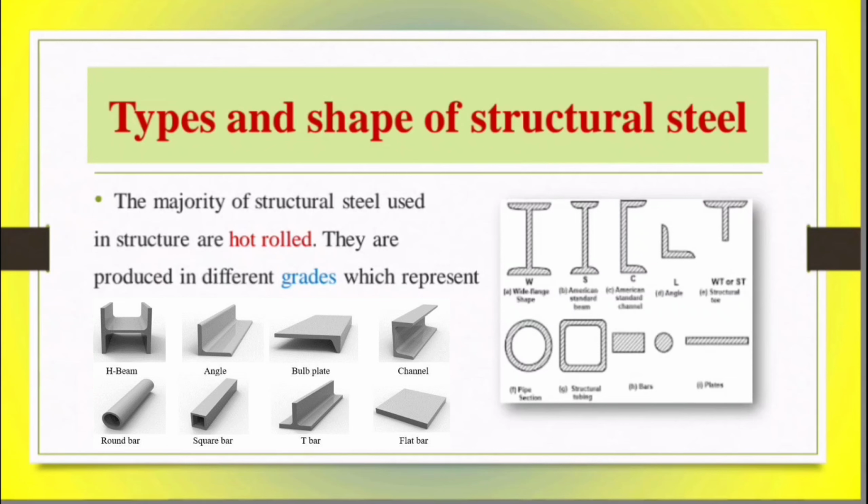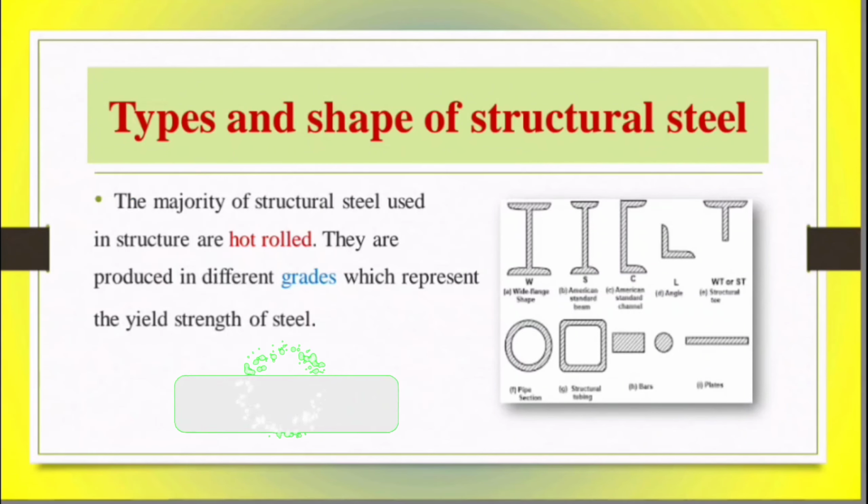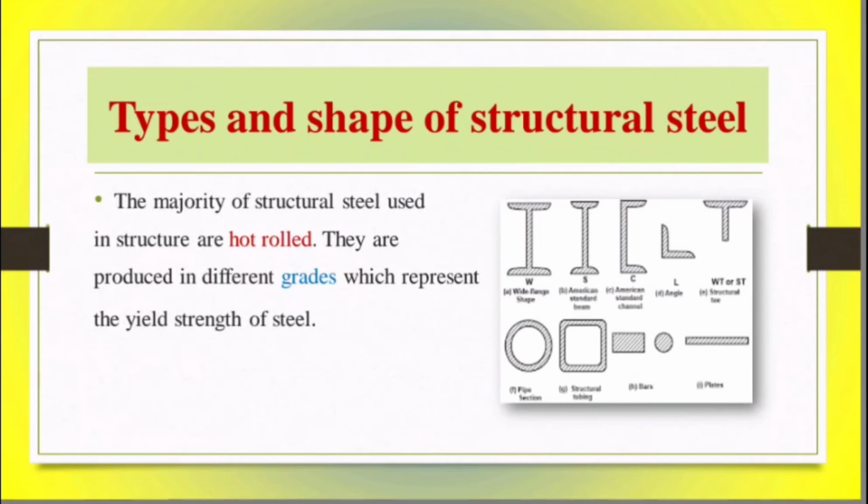In cold rolling, we achieve the desired section when it is at room temperature, or in cold form. The majority of structural steel is hot rolled steel sections. They are produced in different grades depending on the unit weight.